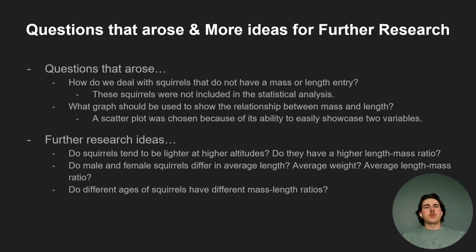Another question was what graphs should be used because we have these two variables, mass and length, and we wanted to see if they were related, but we didn't know if they were. And through some research, I found scatter plot definitely the best bet. I know about all sorts of graphs like bar graphs, column graphs. This one was clearly the best, as you could see before.